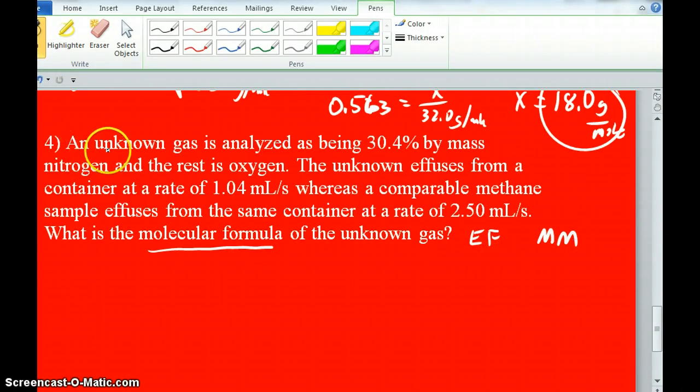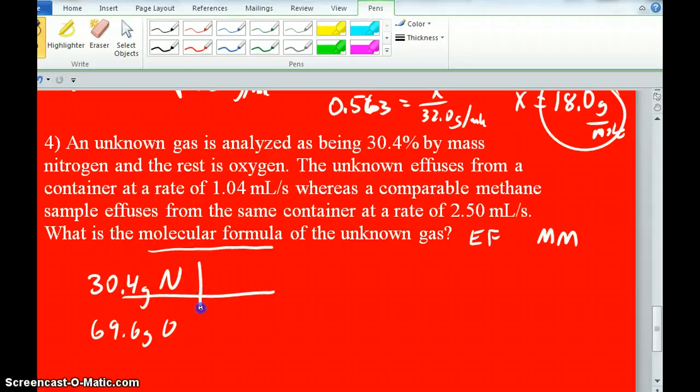So of course, if I'm told that an unknown gas is 30.4% by mass nitrogen and the rest oxygen, then I know in a 100 gram sample there are 30.4 grams of nitrogen atoms and there are 69.6 grams of oxygen atoms. And if I want an empirical formula, I can't use masses empirically because different atoms have different sizes.